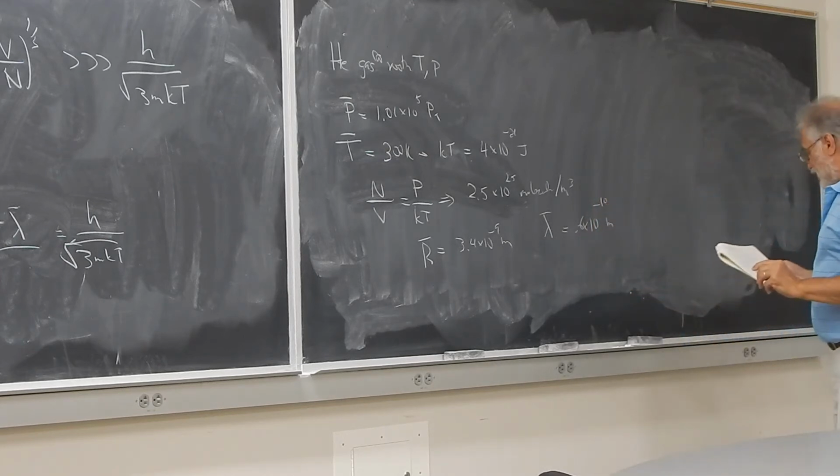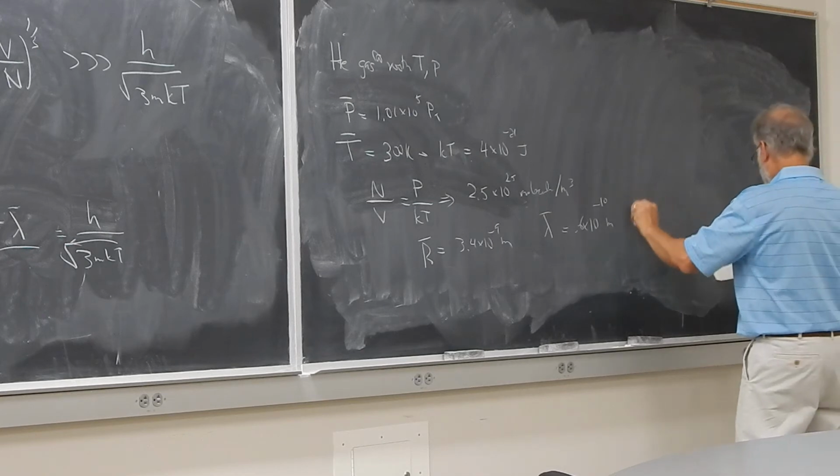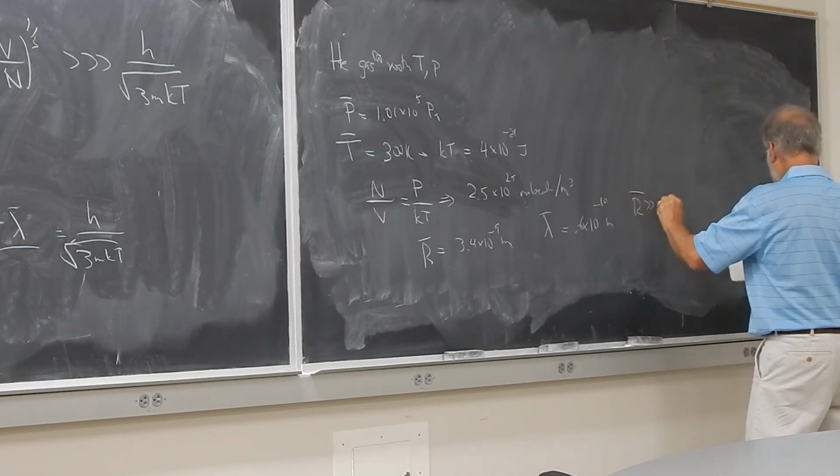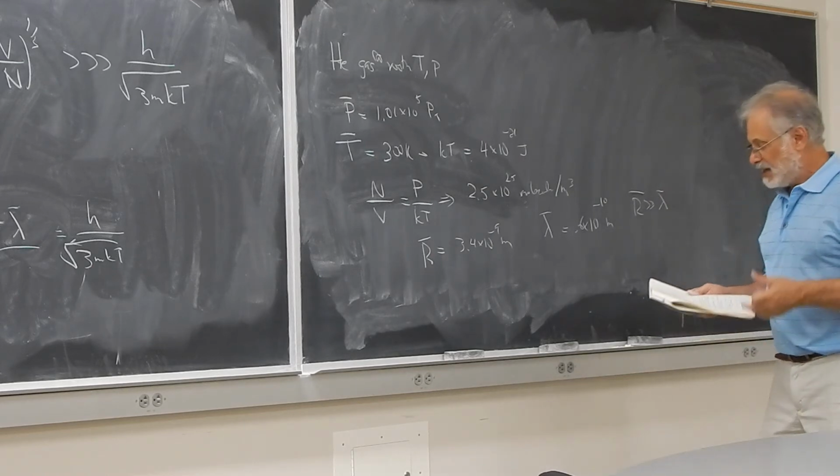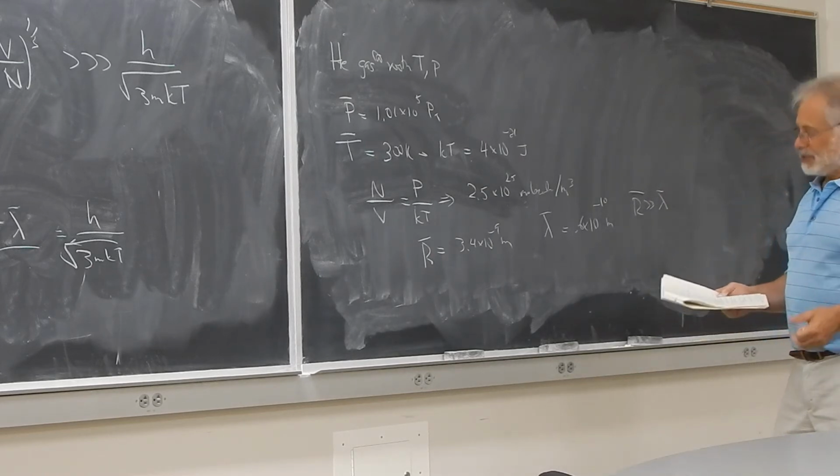So notice in this case, it's good because R is much, much greater than the de Broglie wavelength. So classical statistics would apply very nicely to helium gas at room temperature and pressure.